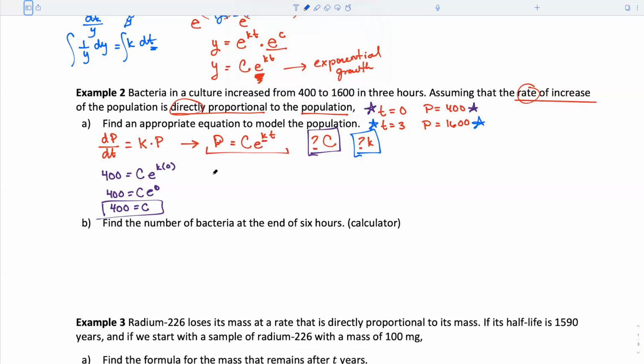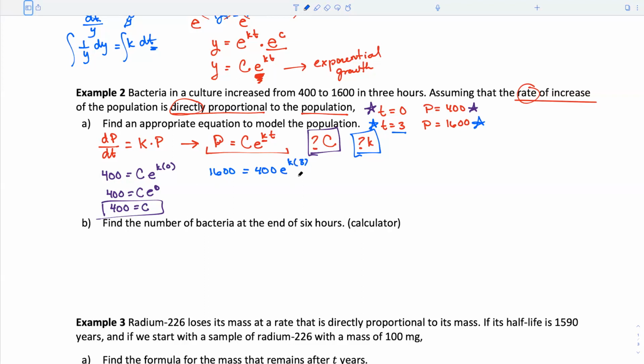So the next part is going to be 1600 is equal to, now we know what c is, so that's going to be 400, e, and then we still don't know what k is, but t is 3 when P is 1600.